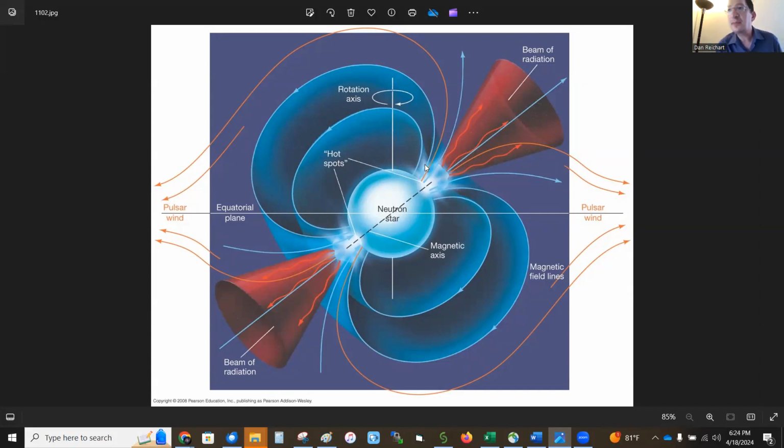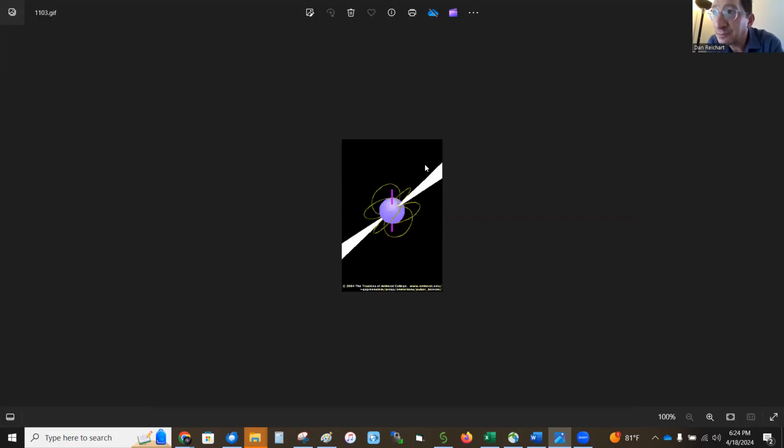The radiation is coming out of the magnetic poles, and so you get the lighthouse model of a pulsar. Those beams of radiation, if they intersect our line of sight, we see pulses, as you're seeing now. And if they don't intersect our line of sight, we don't see the pulses, in which case we don't call it a pulsar.